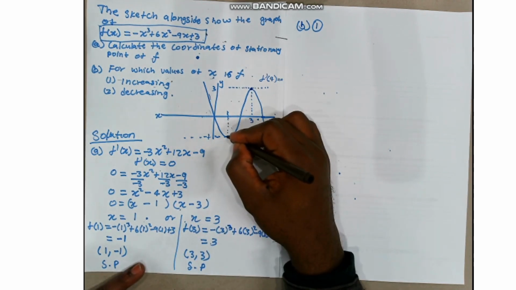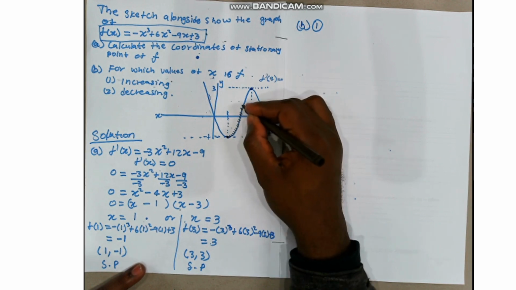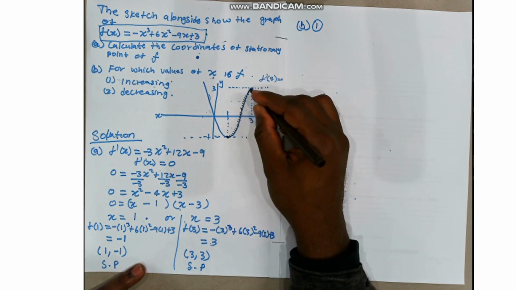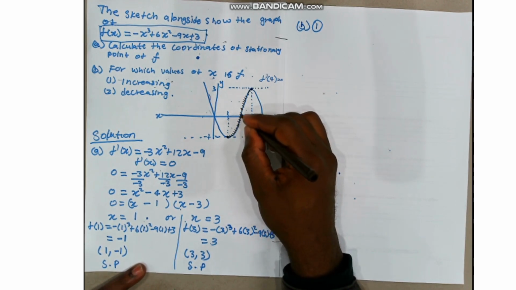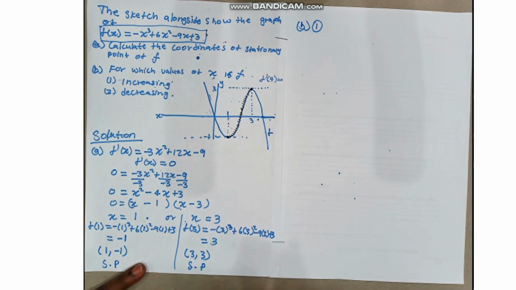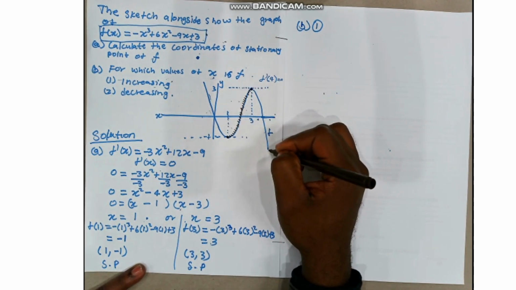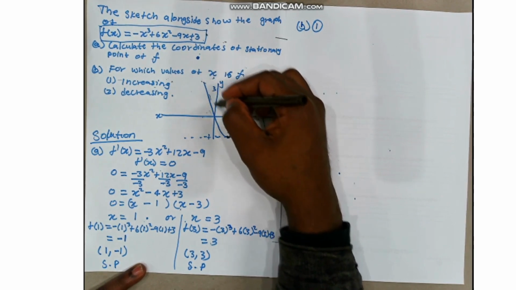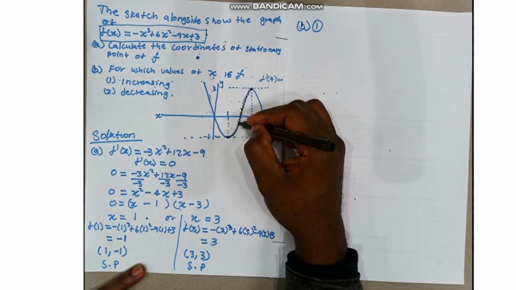It increases from this point, going here, going here, until it reaches this stage. So this is where our graph is increasing, because going to this point our graph is decreasing, and coming from here to here, our graph is decreasing, but where it's increasing, it's from here to here.